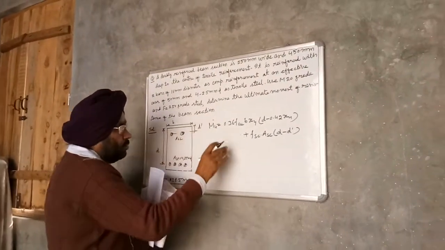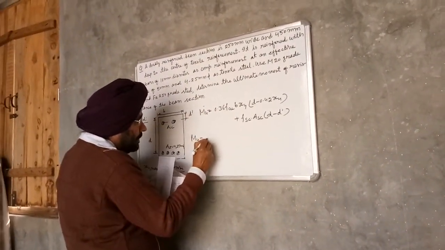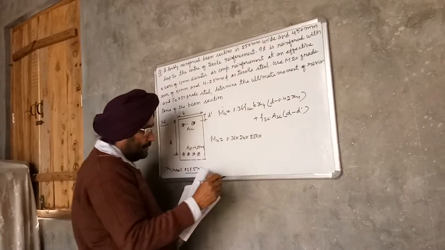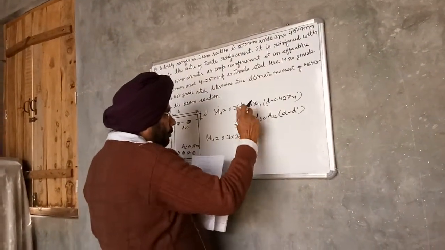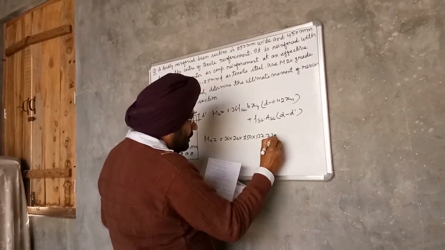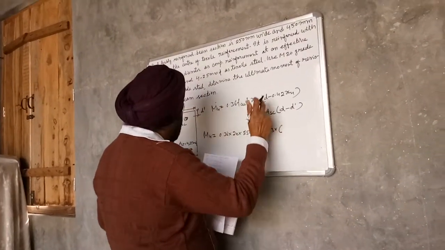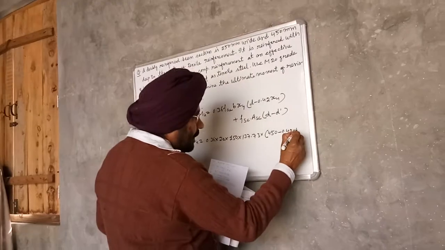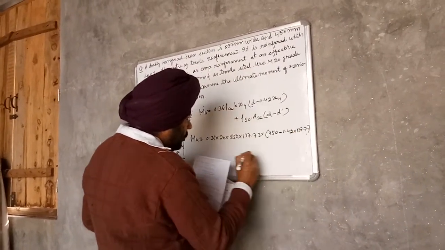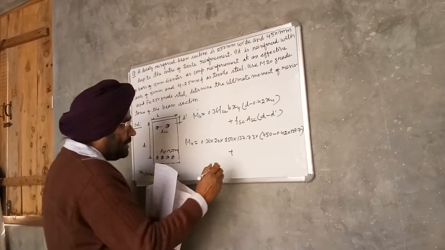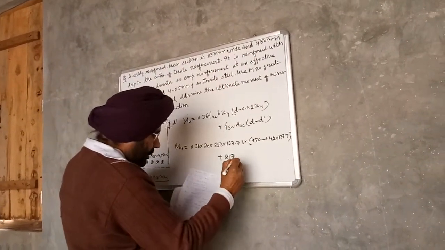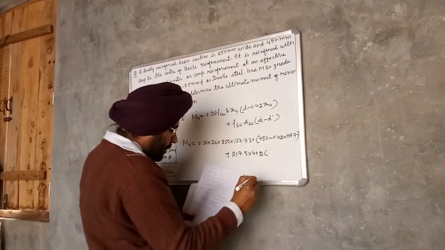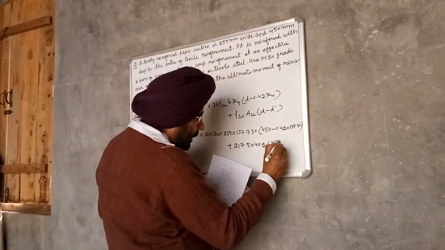Putting the values in this equation, with FCK 20, B 250, depth of the neutral axis XU 137.73, and D the effective depth of the section 450: 137.73 into 450 minus 0.42 into 137.73, plus FSC 217.5 into ASC, the area of the compression steel 402, into D minus D dash, where D is 450 and D dash is 50.